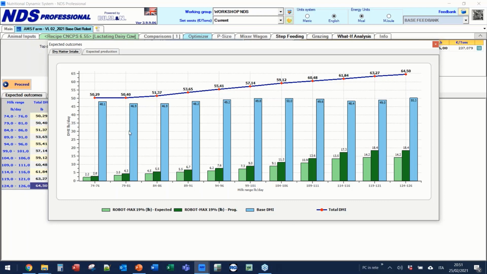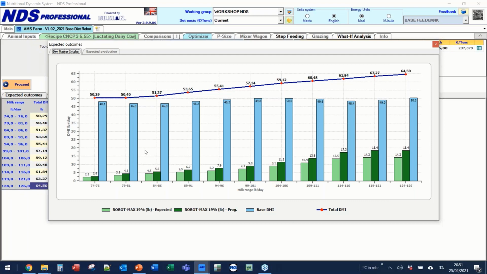We have a graph showing the intake. Total intake is the line. The 3 bars describe how much pellet the cow should eat. Light green, how much pellet we should program, and the PMR intake based on a substitution rate that is now set as 1:1.